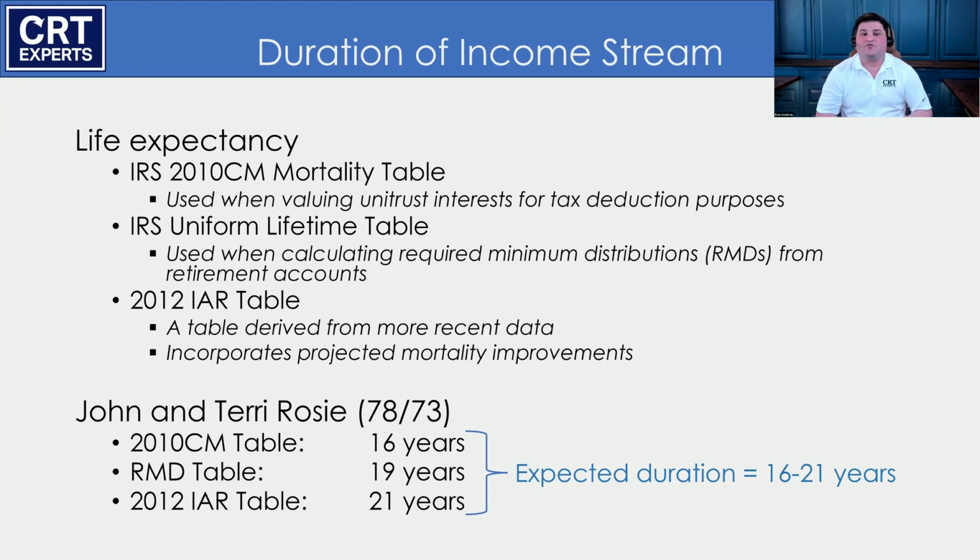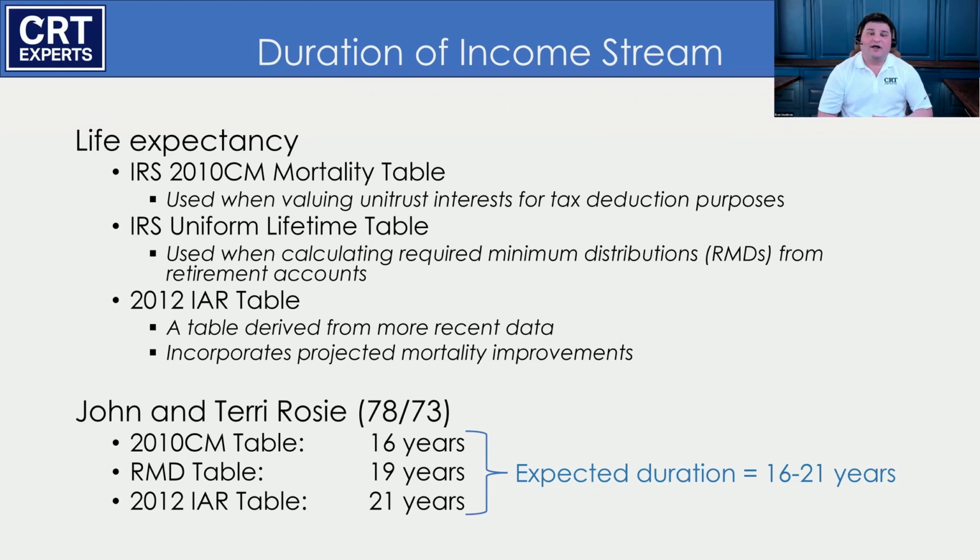Second is the IRS Uniform Lifetime Table. That's the table required when calculating RMDs from retirement plans or accounts. And then the 2012 IAR table. I don't think I've ever seen this not be the longest life expectancy. This is a more recent table.